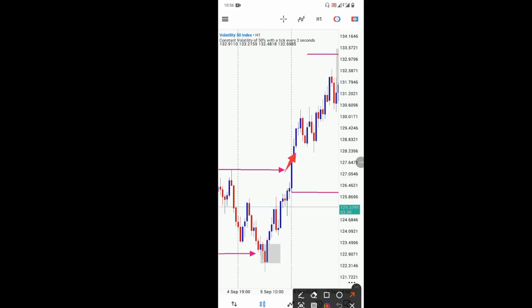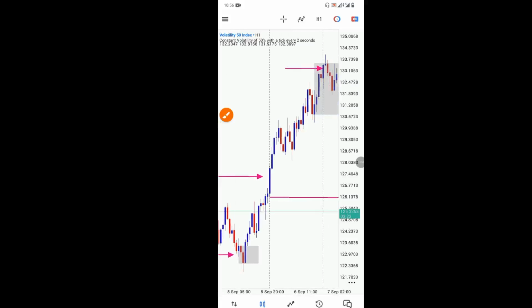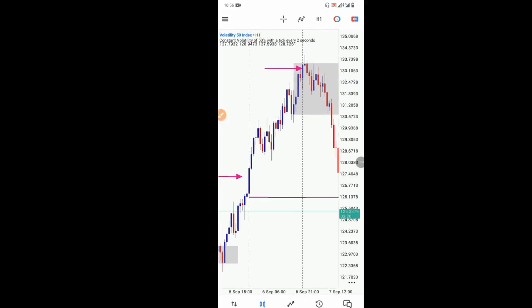But price is not even, it keeps going higher and higher. Price pressed higher, came down a bit, then kept pressing higher. Price didn't even close below this down close candle. It kept pressing higher till the end of the day.